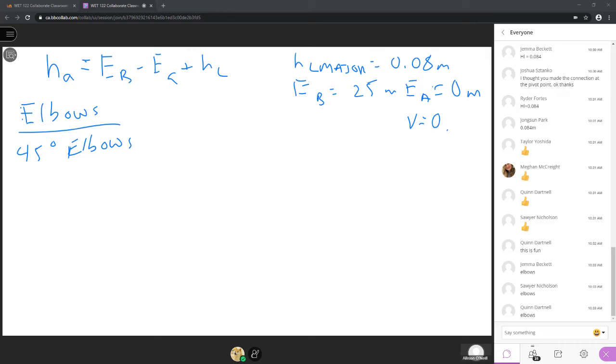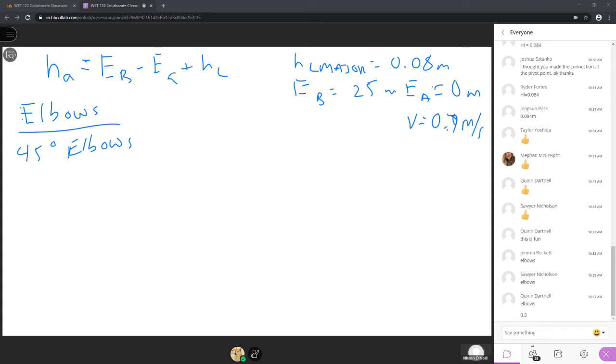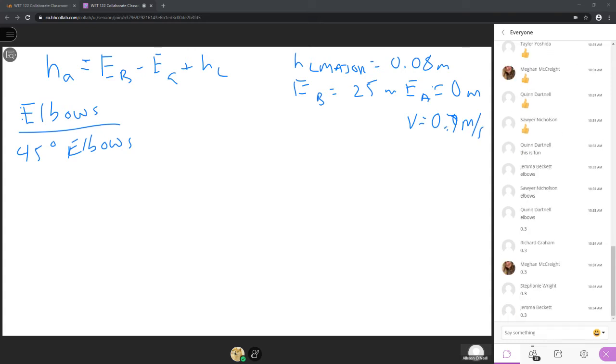Our velocity was 0.7, right? Meters per second. Oh, 0.3? Okay, sorry, 0.3. All right, can you all check in your chart for the resistance coefficient K values? Do we have a K value for a 45-degree elbow that we can use?